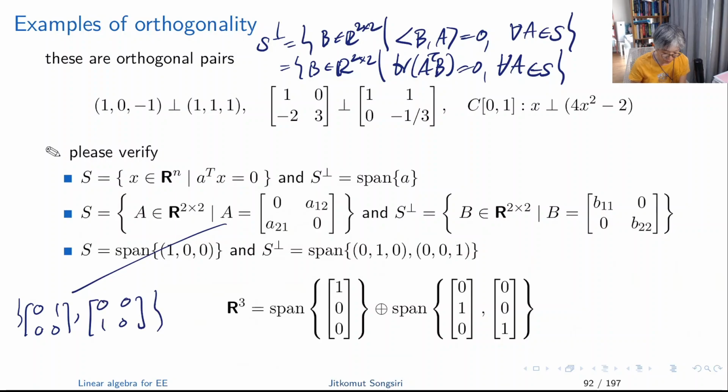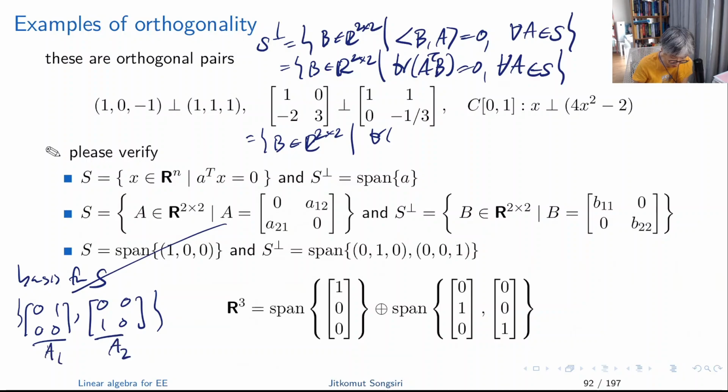All right, this is the basis for S. So if you want to look for a matrix B that is orthogonal to any A in S, is it enough to say that this B has to be perpendicular to, let me call them A1 and A2, two basis matrices?